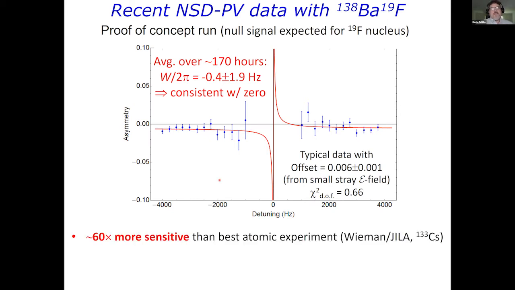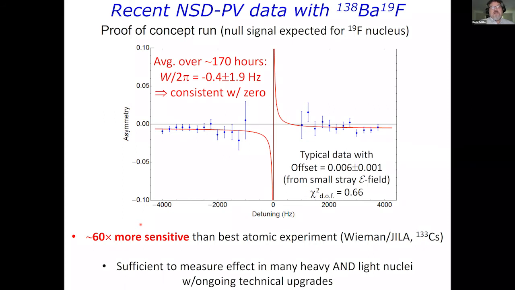So the bottom line from this is that in this proof of principle run, we achieved a sensitivity which is 60 times better than the prior best from Wyman's experiment at Gila when measured in terms of energy shift. And this turns out to be sufficient to measure this nuclear spin dependent parity violating effect in many different nuclei as soon as we install some technical upgrades, such as a better molecular beam source.